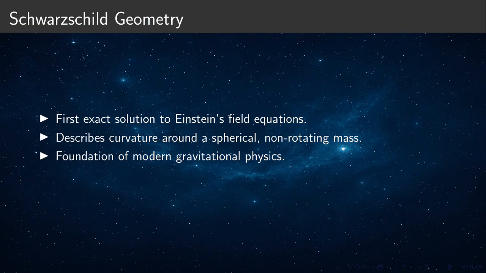Schwarzschild geometry and gravitational time dilation. The Schwarzschild solution represents the first exact solution to Einstein's field equations for a spherically symmetric, non-rotating mass. It is one of the most important results in gravitational physics, providing a precise mathematical description of space-time curvature in the presence of mass.